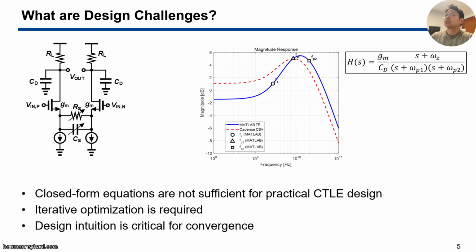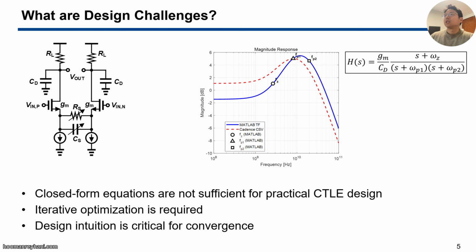However, designing a CTLE in practice with optimized response is not always straightforward. Although simplified equations can describe the behavior of CTLE, they don't directly translate into circuit-level design parameters.